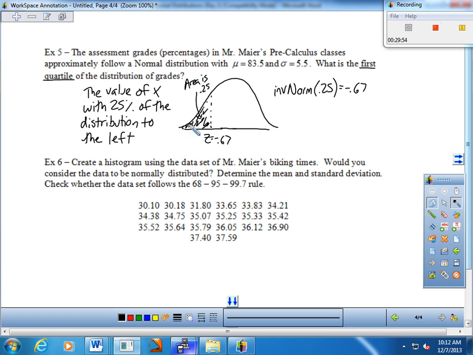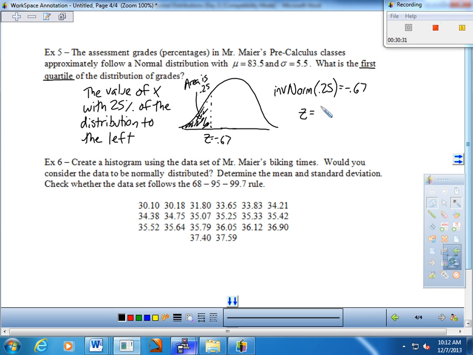Okay, that looks great. And so just one last step. Notice what I was looking for originally, the value of x. I have the z-score to match the 25th percentile. Now what I'm looking for is the specific observation in the data distribution to match that z-score. Now, you don't have to do all of this on your paper, but this is the formula we've been working on, right?